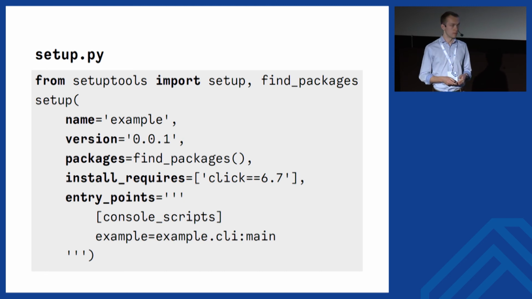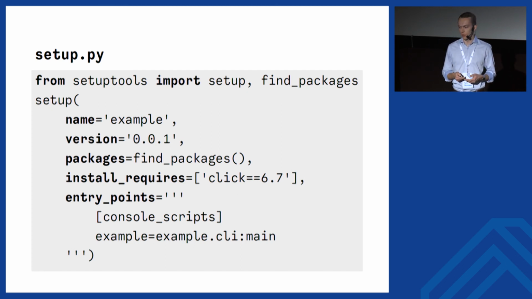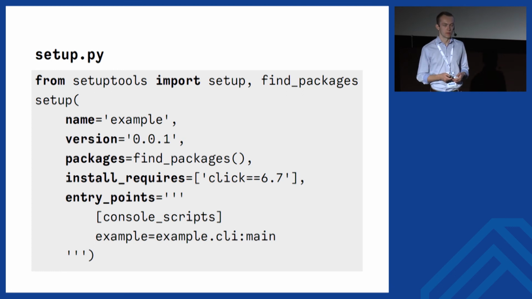So in our case, we type example, the name of our package, .cli, the module where we have the function that we want to call, colon, and then the name of the function that we want to call. So this is why you don't have to, in your script, write this if __name__ equals __main__, blah blah blah, or even call your function, because pip will take care of this upon installation.